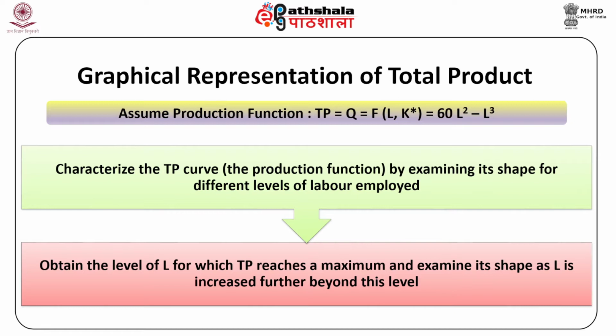We characterize the TP curve, the production function, by examining its shape for different levels of labor employed. We obtain the level of L for which TP reaches a maximum and examine its shape as L is increased further beyond this level.